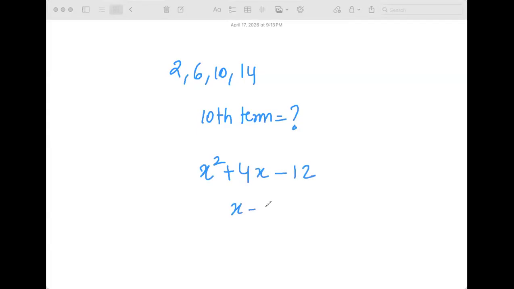Do you know what are the x-intercepts of this function? What are the x-intercepts? X-intercepts means what? On a line, what are the x-intercepts? You tell me.